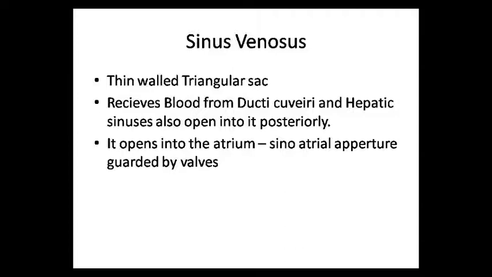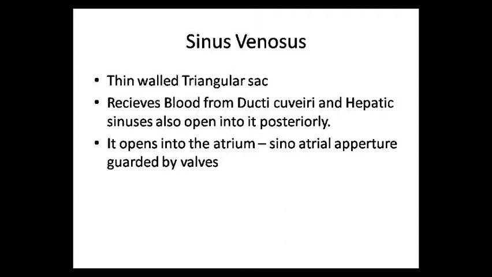The first part is the sinus venosus. This sinus venosus is a triangular sac-like structure having thin walls. It receives the blood from the ductus Cuvieri, and hepatic sinuses also open into it posteriorly. That means the sinus venosus receives the blood from all the body parts through the ductus Cuvieri, and hepatic sinuses also open into it posteriorly.